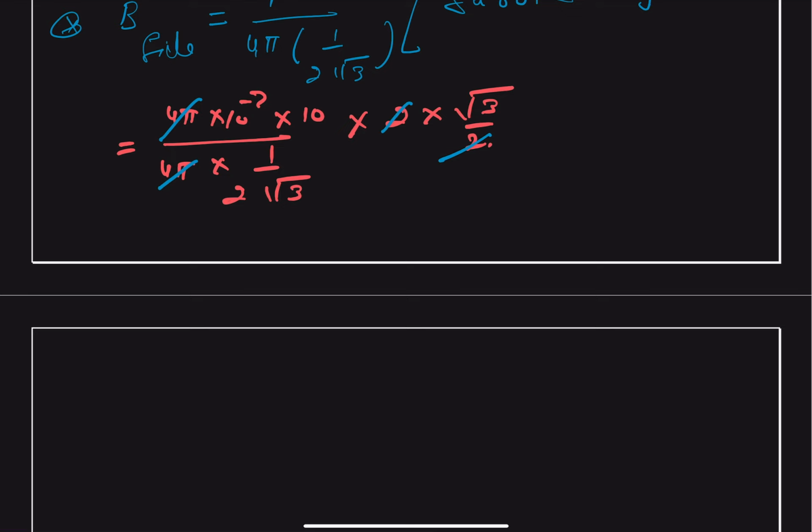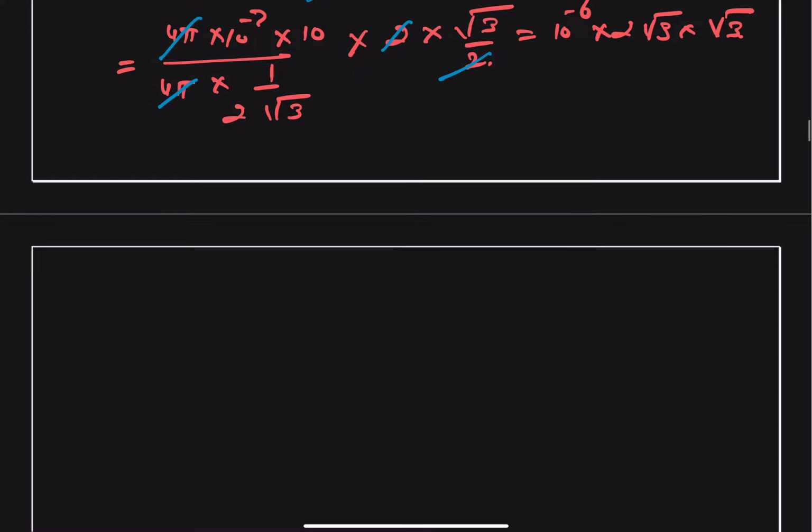So we are left with 10 to the power minus 6, and this will be 2 root 3 multiplied by root 3. Root 3 times root 3 will be our 3. So this comes as magnetic field due to one side is our 6 into 10 to the power minus 6 Tesla.